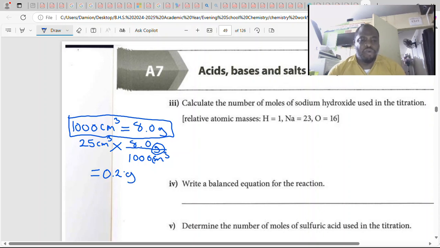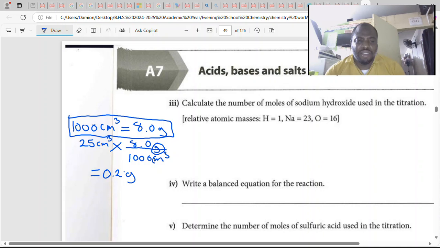So I now know that in my 25, and it makes sense, because if I make the standard solution and I utilize 8 grams to make it, if I take out 25 centimeter cube, it would have way less in terms of the mass of the sodium hydroxide. Now, in this case, we're saying that in 25 centimeter cube, I have 0.2 grams.